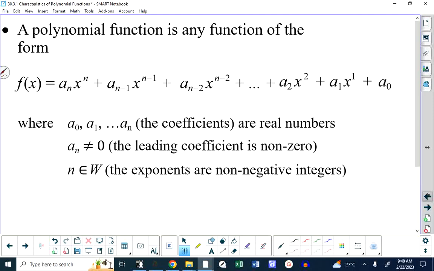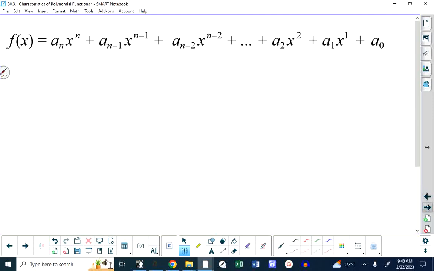So in the end, and the example that we're going to look at should gel this in your head, you need to understand that these things are exponents and they are whole numbers. Maybe the first exponent is 12, and then the next one is 11, on and on down the line. These things are simply labels on the coefficients.